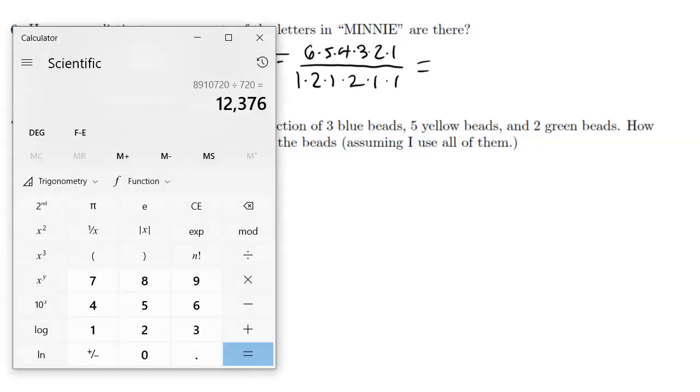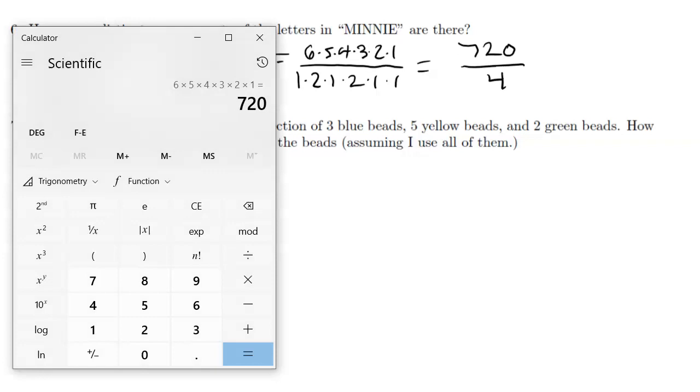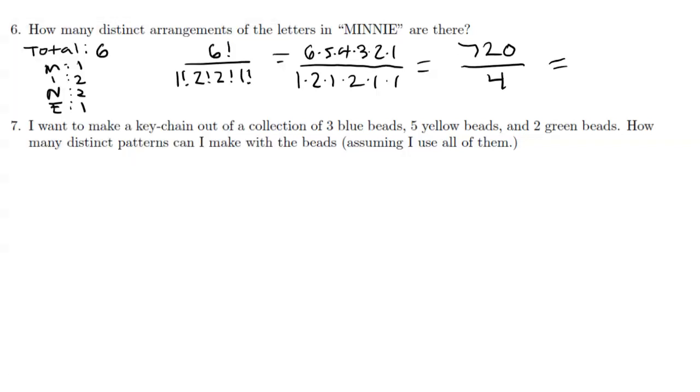So in the top, we've got 720. In the bottom, we've got a bunch of 1s and then 2 times 2, so that would be 4. So then 720 divided by 4 is 180. So only 180 distinct arrangements.